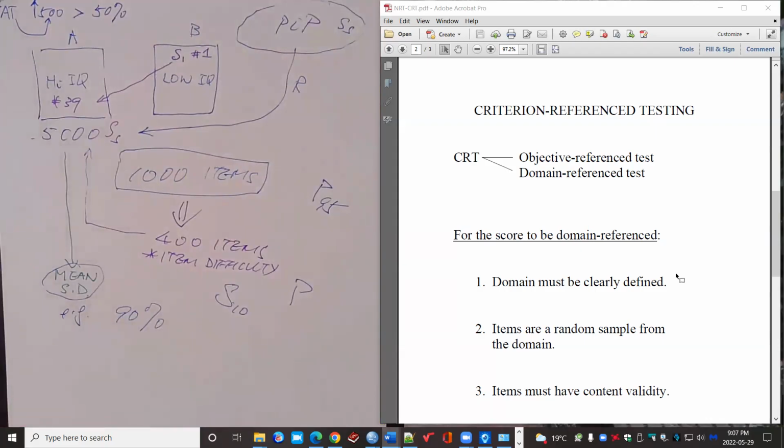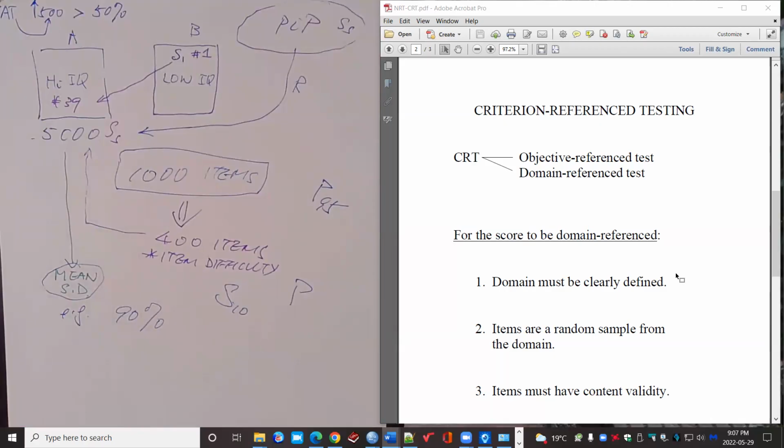Also, CRT has content validity, that is to say, all the items are measuring what the CRT purports to measure. So score interpretation could be generalized to the entire domain or the entire objective if and only if we have random sampling of test items from the population domain.